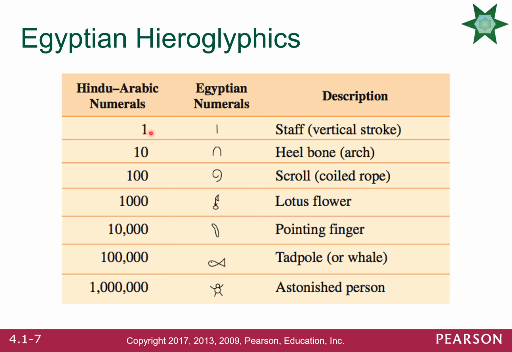So you see the numbers are increasing by tens. Then we have something called a pointing finger, and that's 10,000. Then the tadpole, which looks like a fish, is 100,000, and then an astonished person, okay, that represents 1 million. All right, so as you see, it keeps increasing not by one number at a time, but by tens.